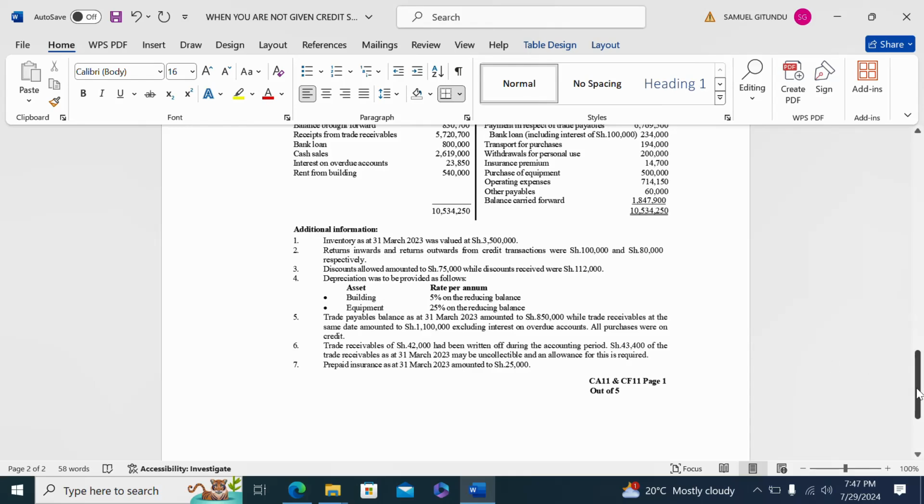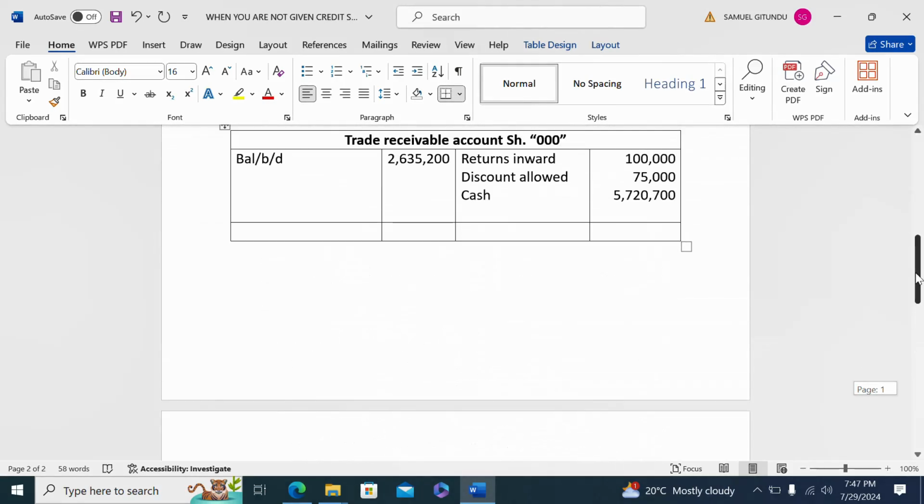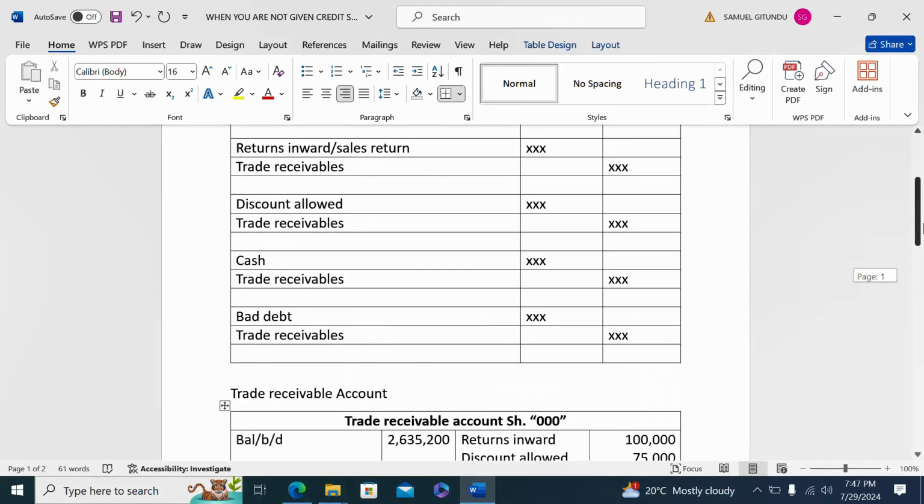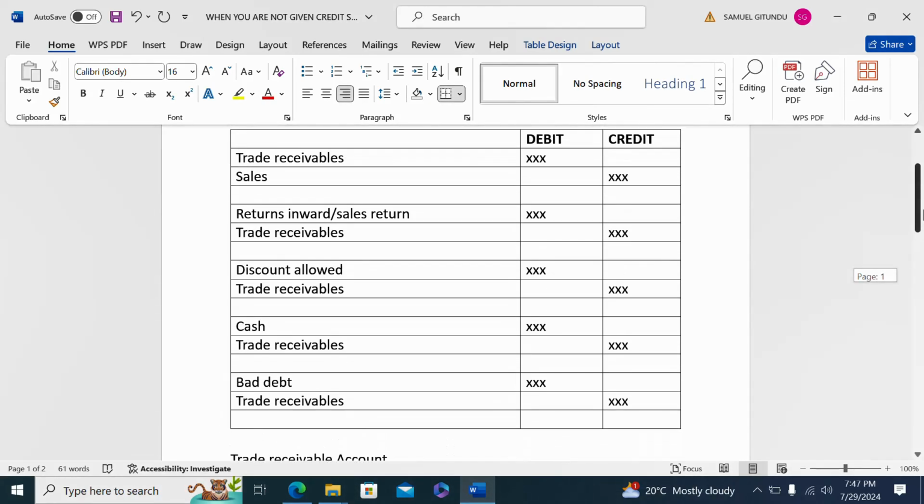So we come here, write bad debt, which is 42,000. And then, is there anything else in our journal entries?